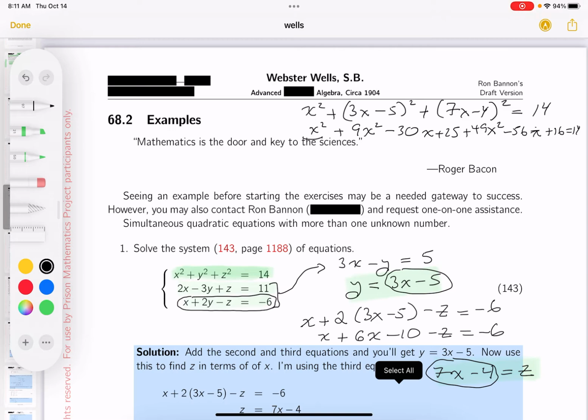And I'm going to do my x squareds now. 59x squared. That doesn't look good. Let's do our x's. Minus 30, minus 56, minus 86 x's, I believe, right? Let's see, that's a 14 over here. I'm sorry about that. So if I take 25 plus 16, take away 14, I get 27.